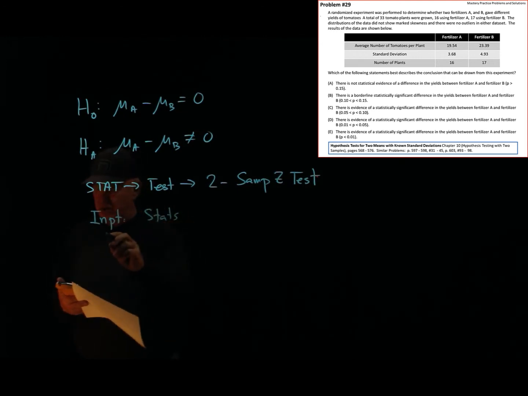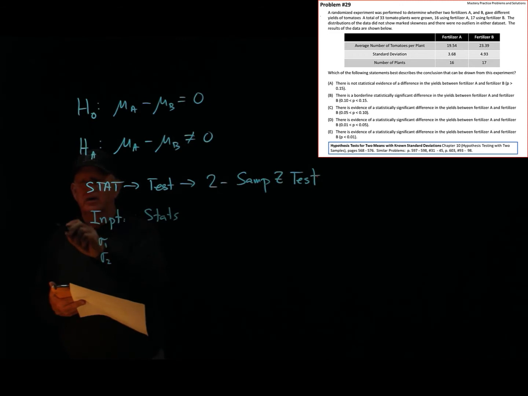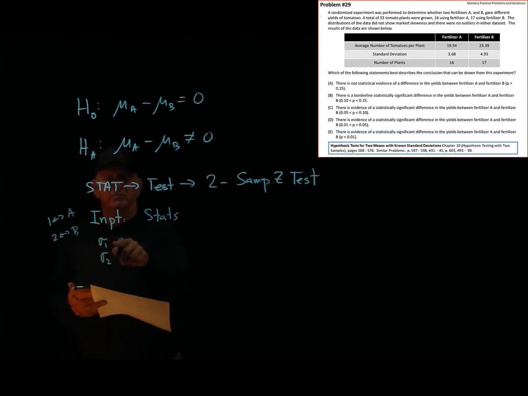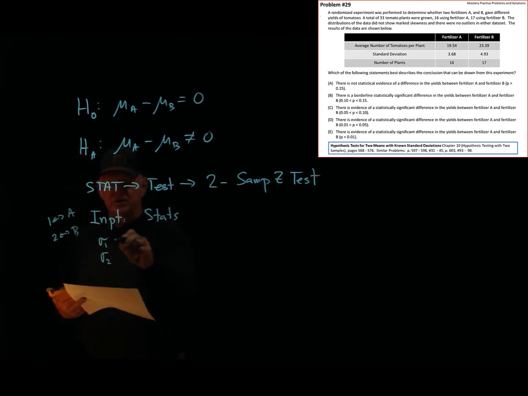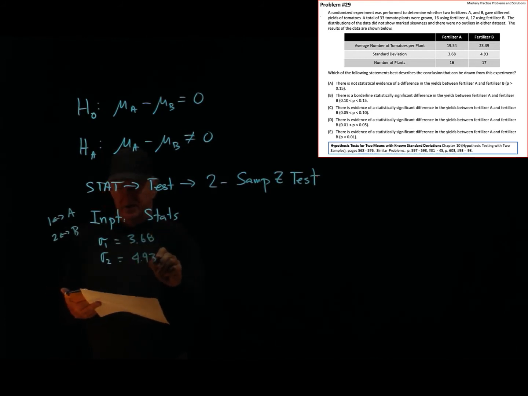It wants to know what the two sigmas are, 1 and 2, and we're going to let 1 correspond to A and 2 correspond to B. So I'm going to put sigma 1 in, which is 3.68. I'm going to put sigma 2 in, which is 4.93.